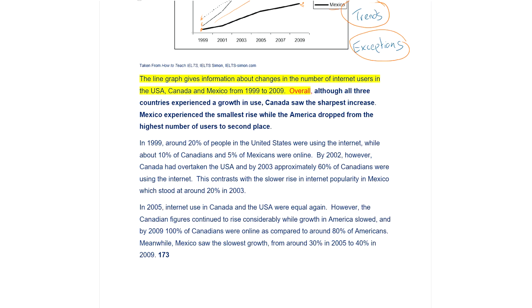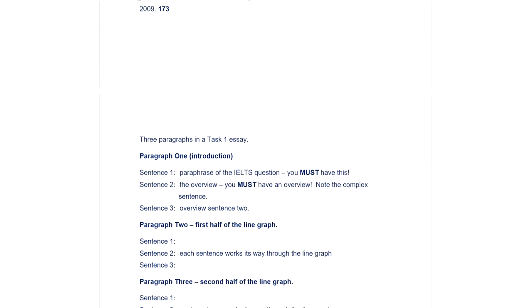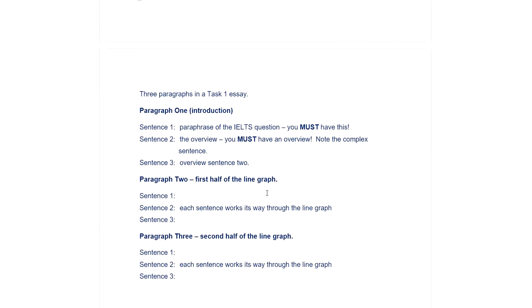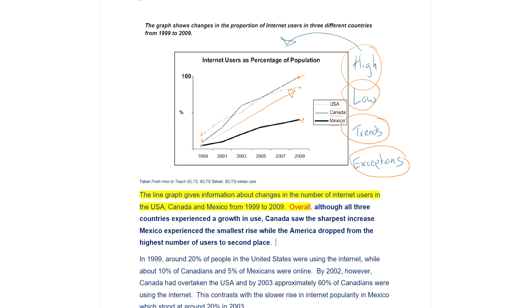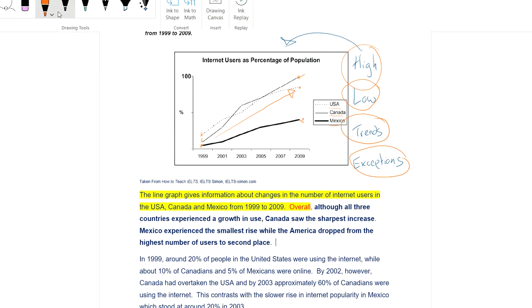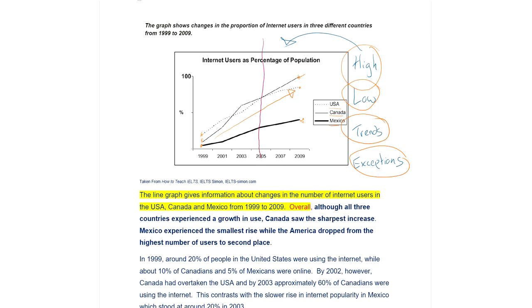So if we now look at the main body paragraphs, when you've got a line graph, the easiest way to do it is simply divide it in half. So this paragraph talks about the first half of the line graph, this paragraph talks about the second half of the line graph. So I have literally split my graph in half, and that's how I organised my essay.